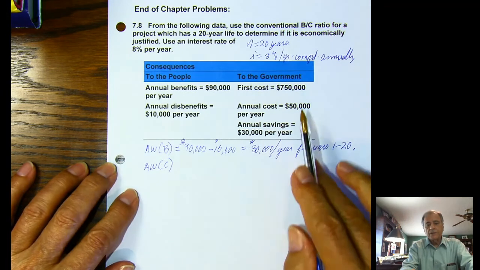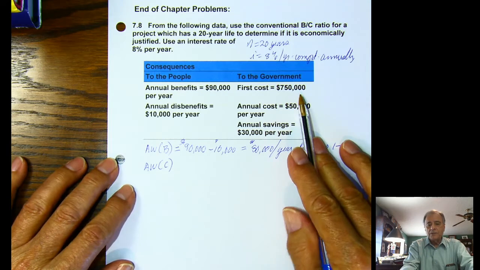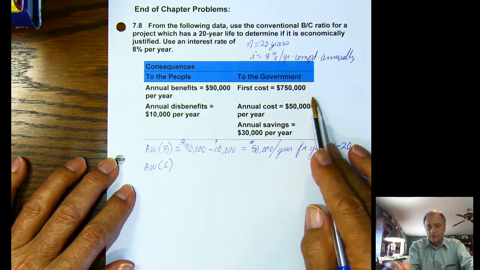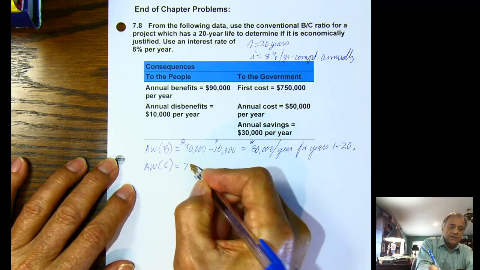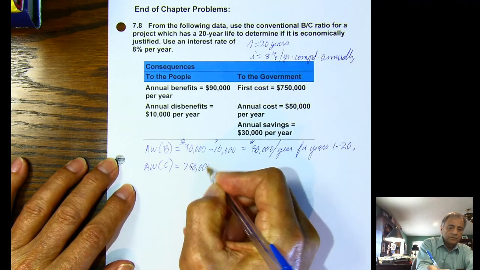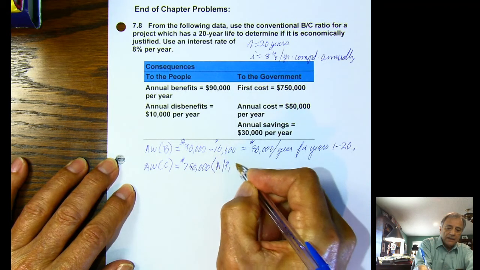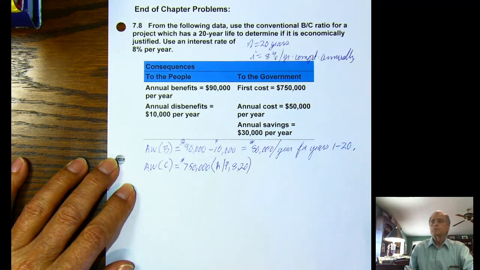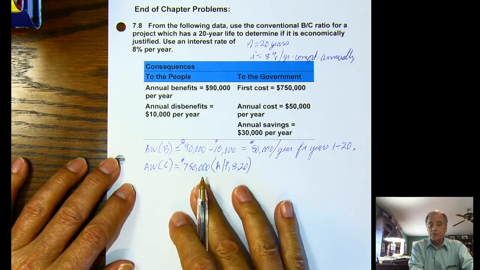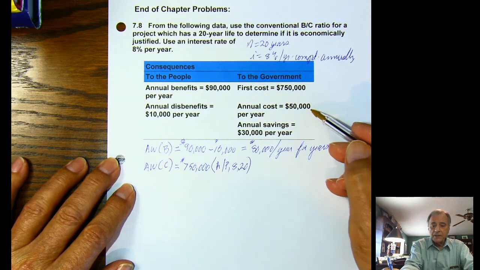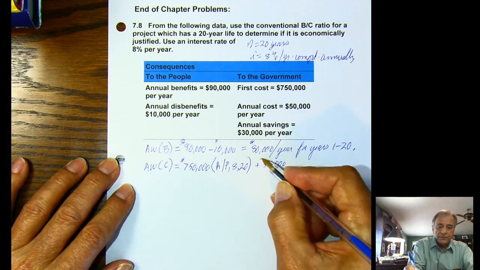We have an initial cost of $750,000, and we need to spread that as an annualized number over 20 years at 8%. So that would be $750,000, find A given P at 8% for 20 years, and that would be dollars per year for 20 years. Plus we have a cost of $50,000 per year for 20 years.